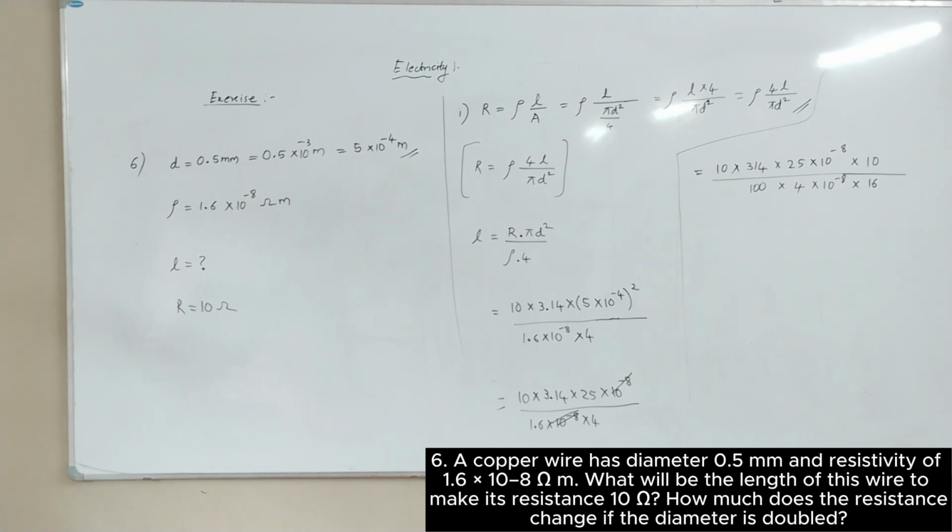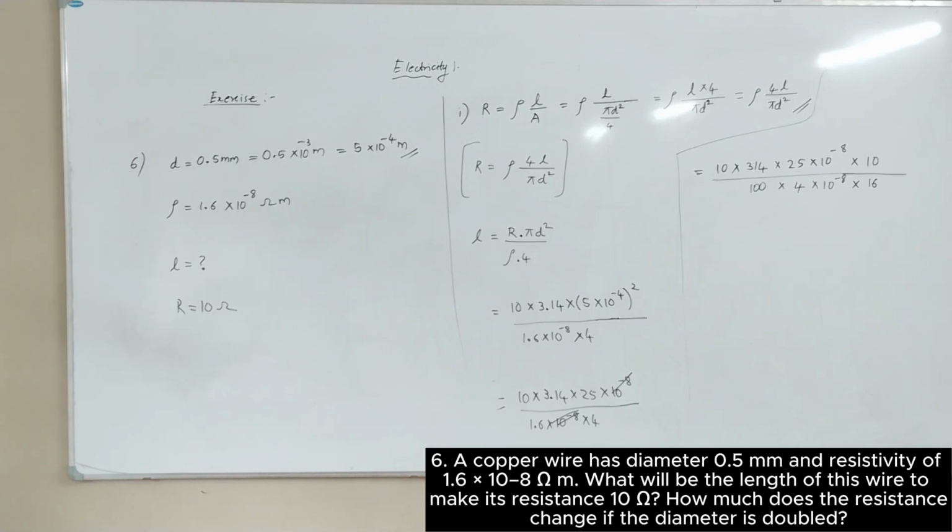3.14 divided by. Correct, I got 122.6. See here, first you will get 785.